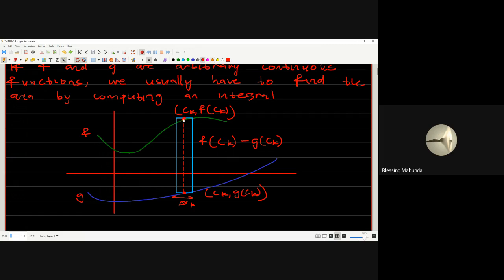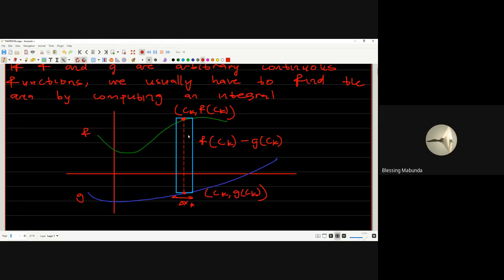These coordinate points we have here, we have ck, and that's the x point. To find the corresponding y point, we'll have to sub in ck in f. So that gets us f of ck. And for the function beneath, we have ck and g of ck.